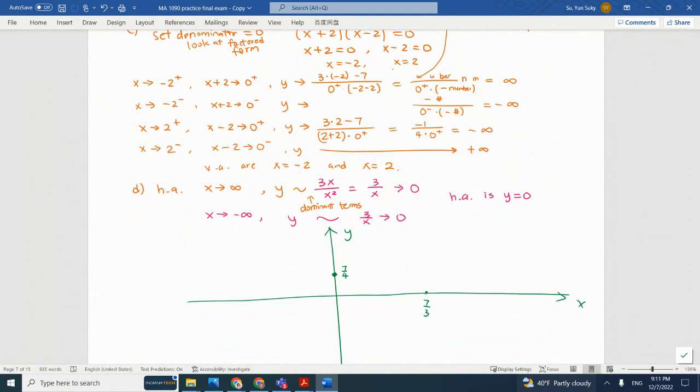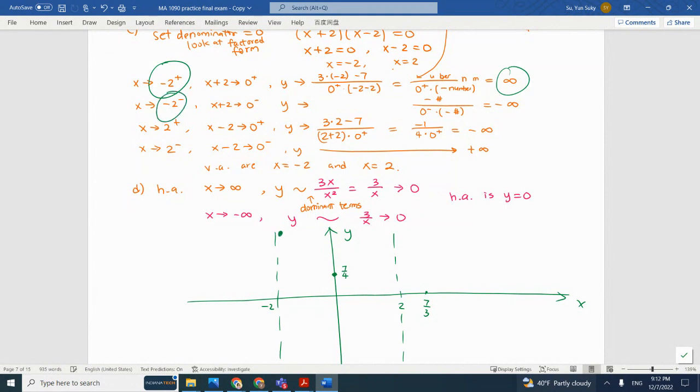And then the vertical asymptotes, 2 and negative 2. You know 2 is smaller than 7 over 3, so let's put the 2 here. We have a vertical asymptote. And negative 2, put it here. When x goes to negative 2 from the right, plus means on the right, y goes to infinity, so right and top. Put a dot there.